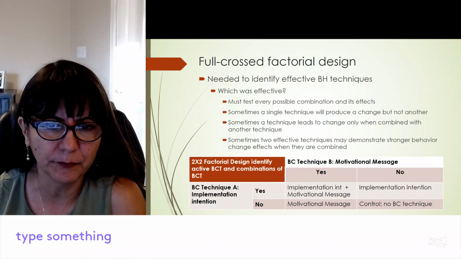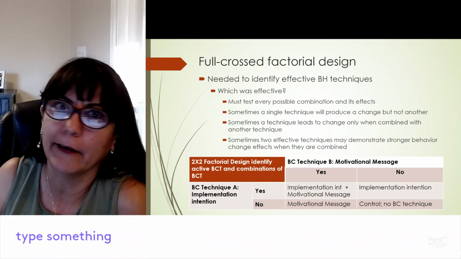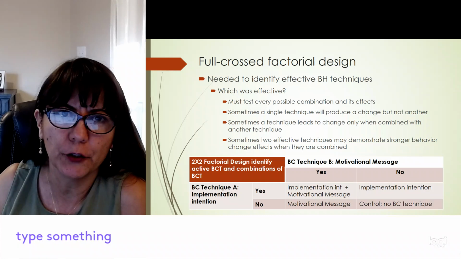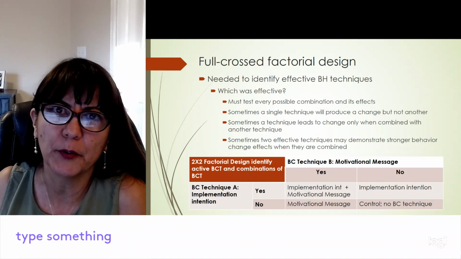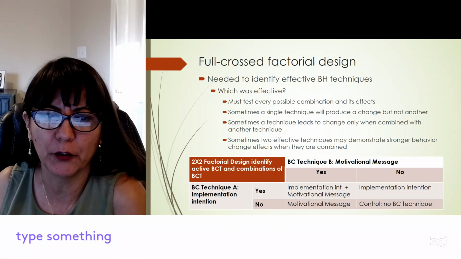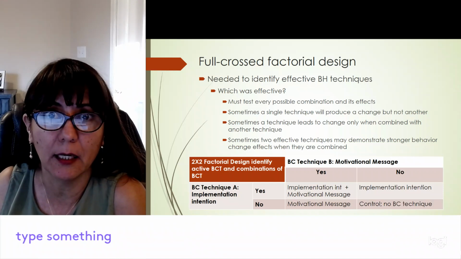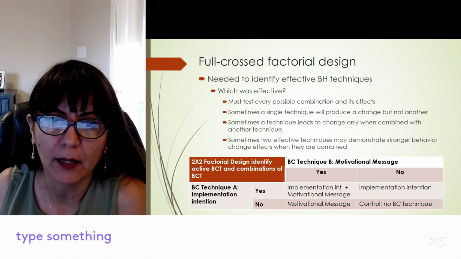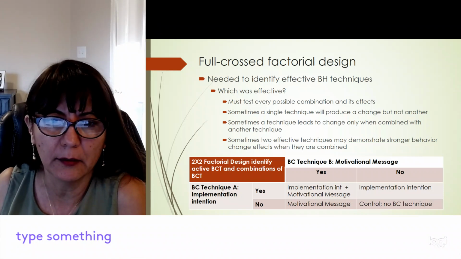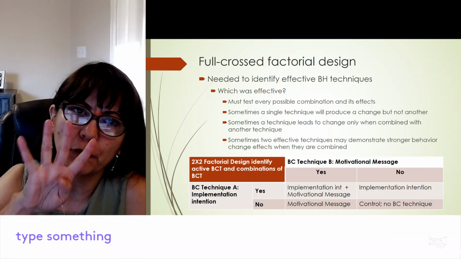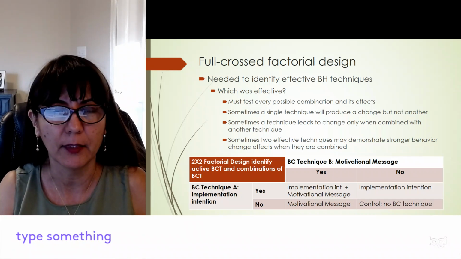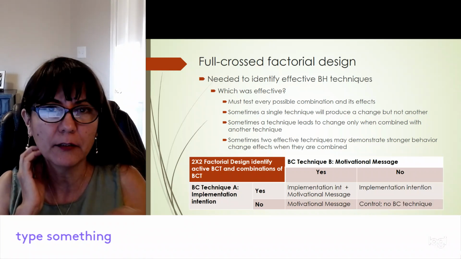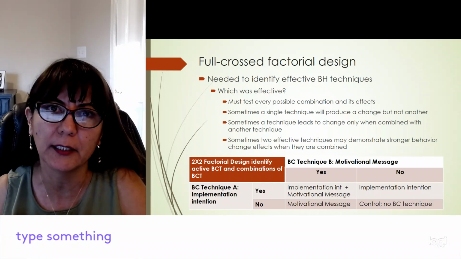One is just, hey, let's give you a message to motivate you to change your behavior. And the other one is let's help you plan, right? How you're going to implement the behavior change. And so this would require that you do 4 groups of participants in your study so that you could compare across all of them to see what worked, what didn't work.